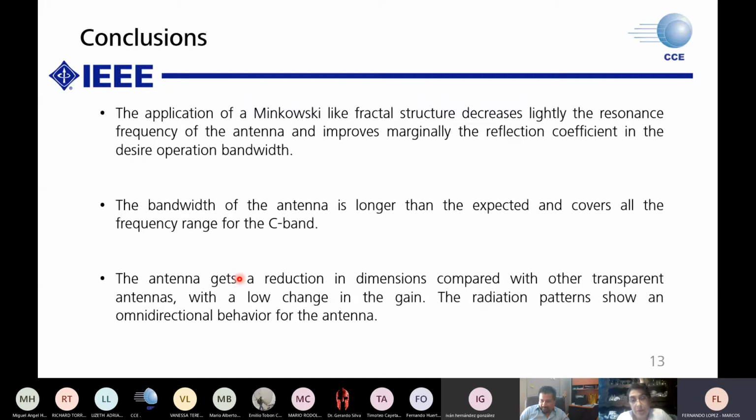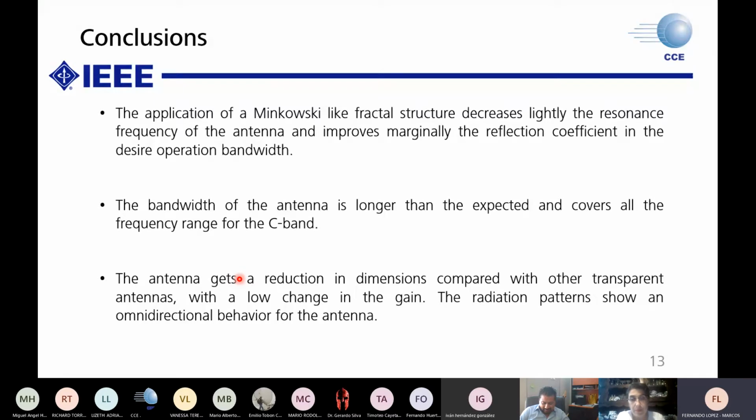The monopole antennas even have not only a wideband but also an ultra wideband for applications. The bandwidth for this antenna is reduced because of the low conductivity of the film.